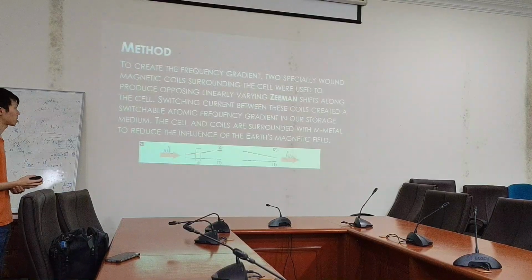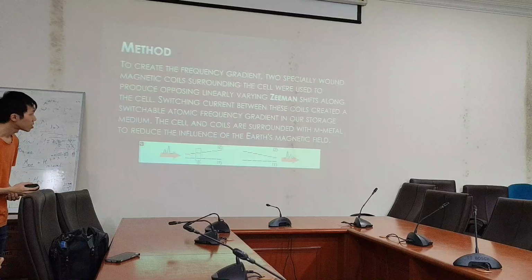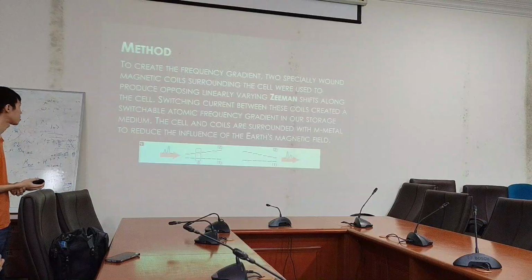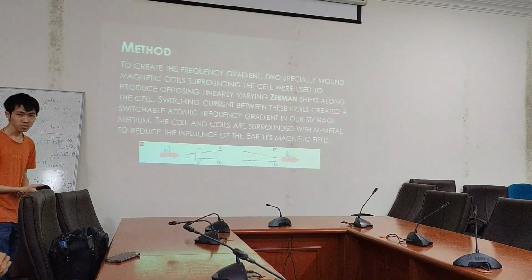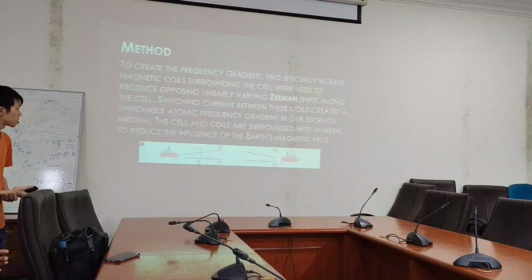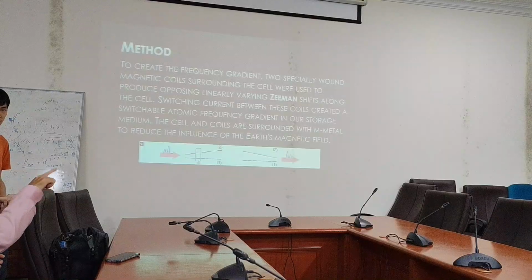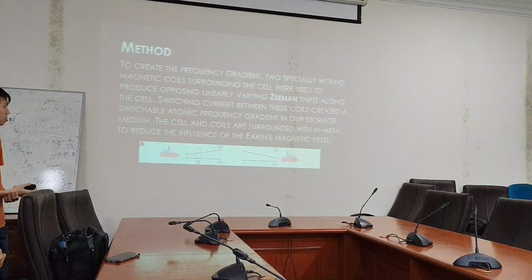The cell and coils are surrounded with a shield to reduce the influence of the Earth's magnetic field. Check what the shield is. Is it mu-metal? Mu-metal. You check.